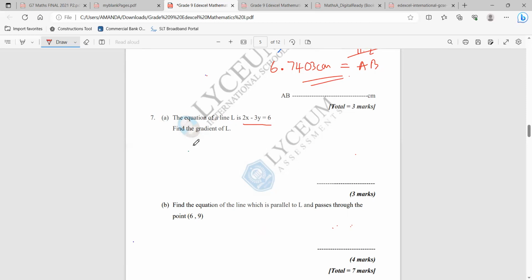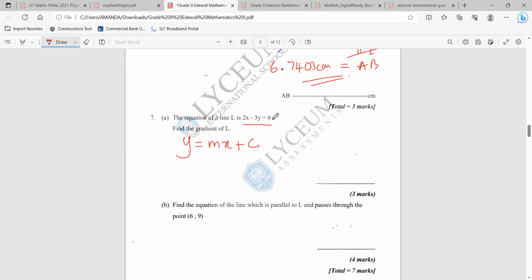What is the generic formula? This is the generic formula: y equals mx plus c. Does it look like y equals mx plus c? No, it doesn't. So this should be changed to the generic format.